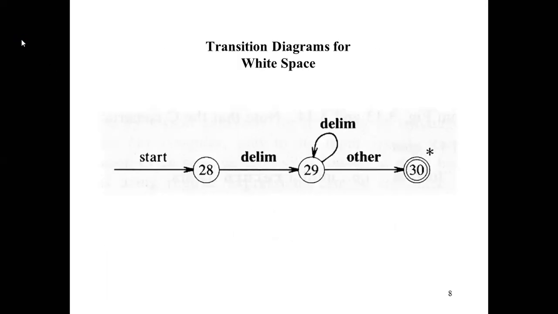Now you can see again the transition diagram for white space. Sometimes we have the white space or blank, we can say blank space or new line. So this is the transition diagram for the white space. How will we draw it for the white space or the blank space?